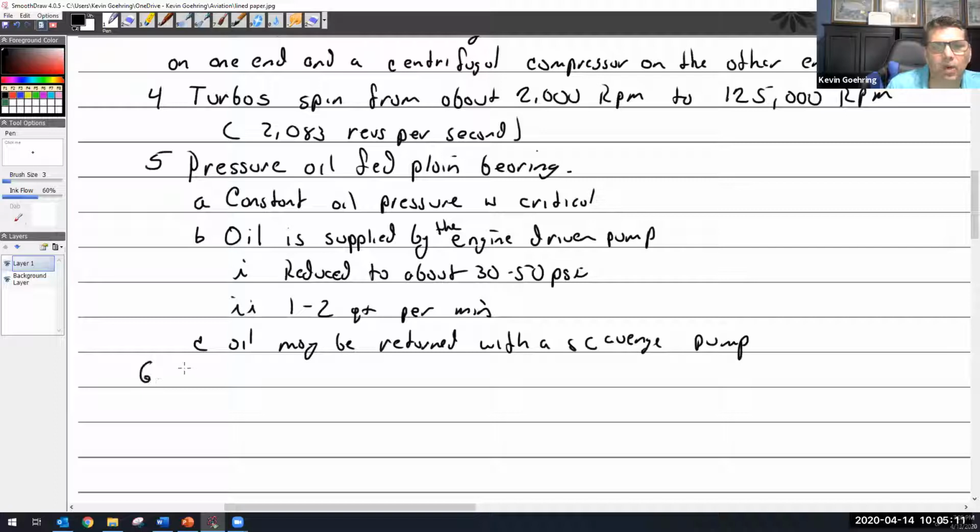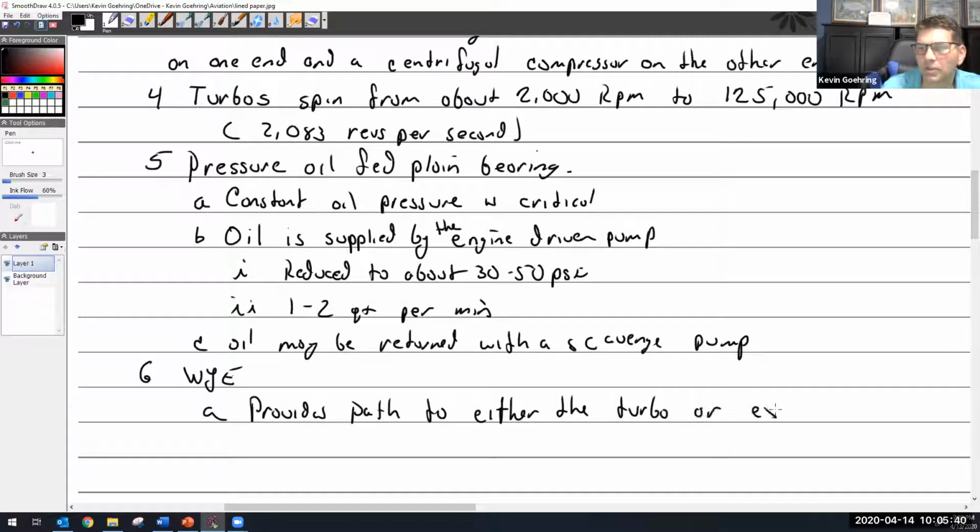Okay, we've got the Y gate. Actually, it's called the Y. The Y provides a path to either the turbo or exhaust.